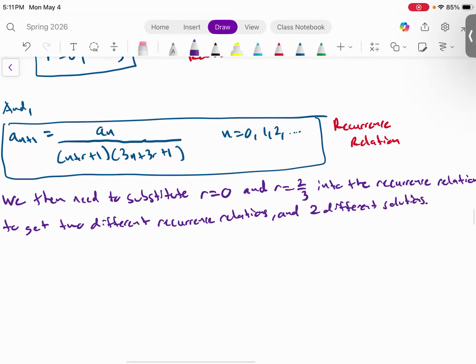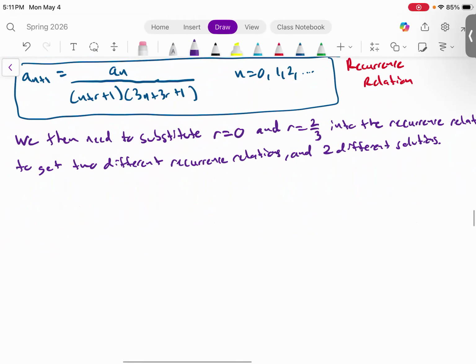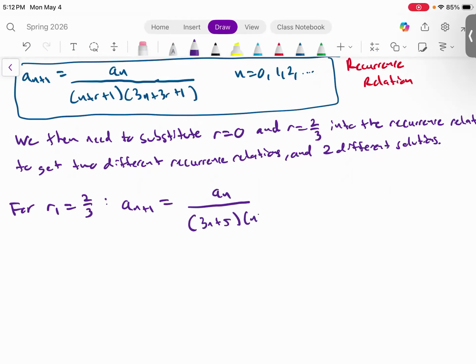So for, let's call R1 2/3. All right, since it's the actual number, if I plug this into my recurrence relation, plug it in wherever there's an R, what I get is a sub n plus 1 equals A sub n all over, looks like it would be, 3n plus 5 times n plus 1.